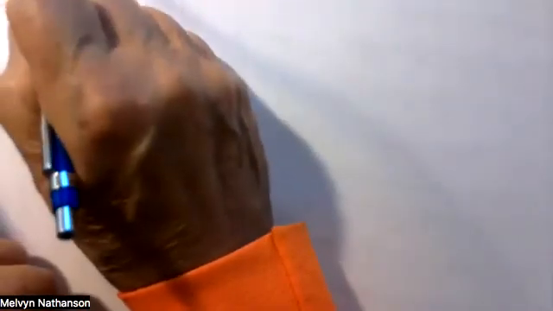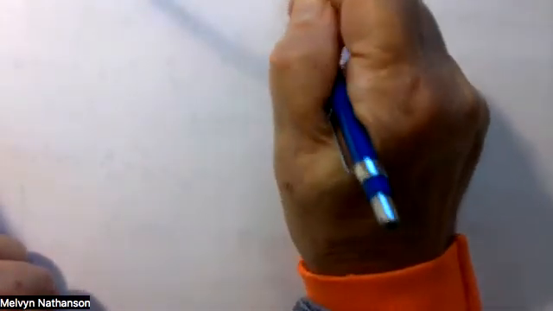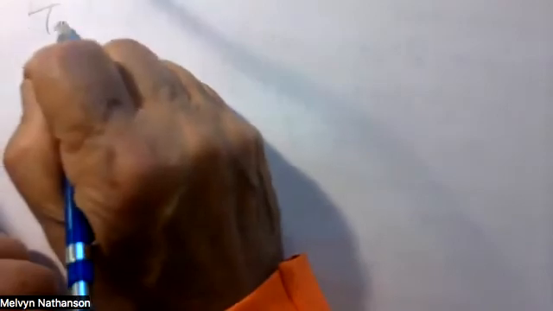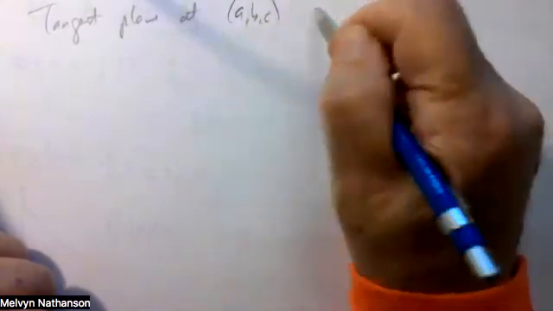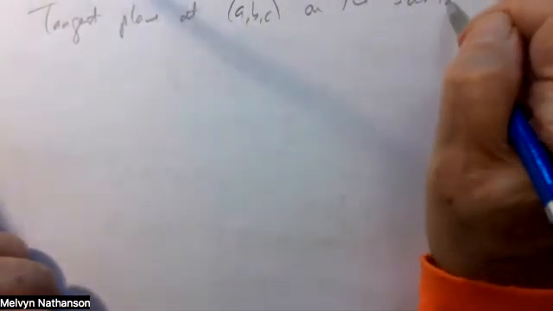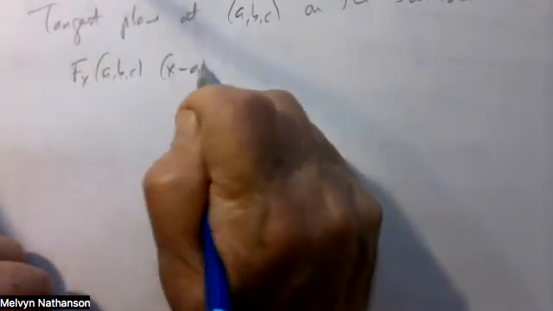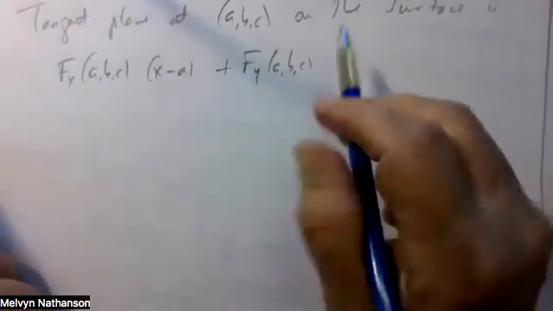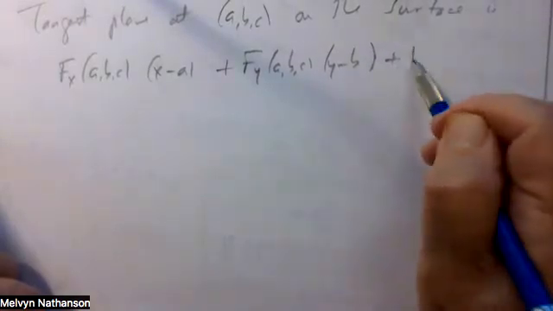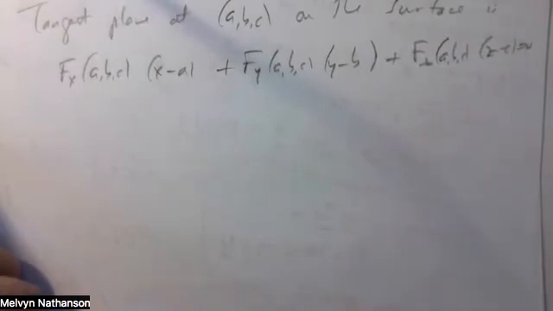So the basic formula, if you have a surface given by f of x, y, z equals 0, the tangent plane at a point a, b, c on the surface is the plane whose equation is partial of f with respect to x at a, b, c times x minus a, plus the partial of f with respect to y at a, b, c, y minus b, plus the partial of f with respect to z at a, b, c, times z minus c equals 0.